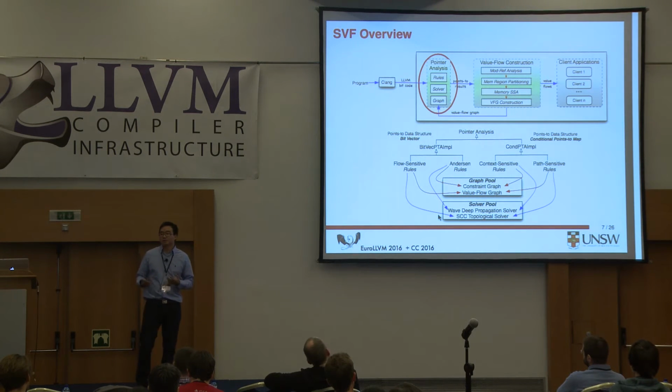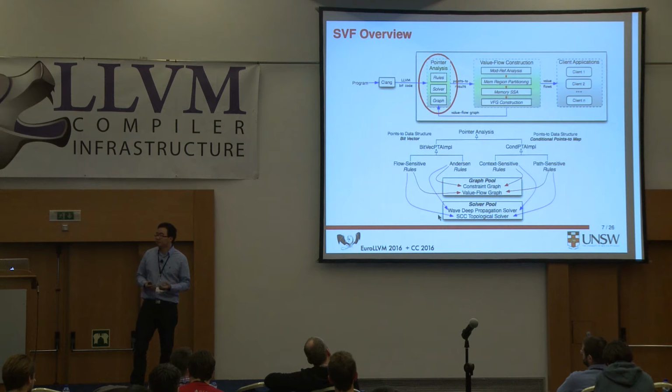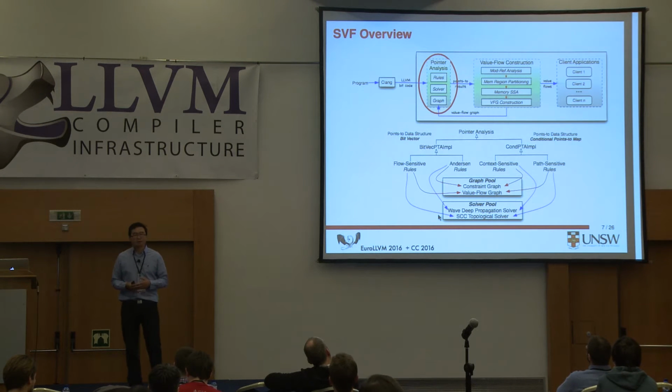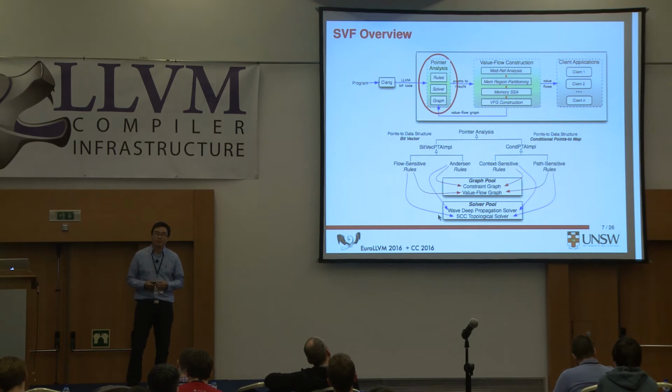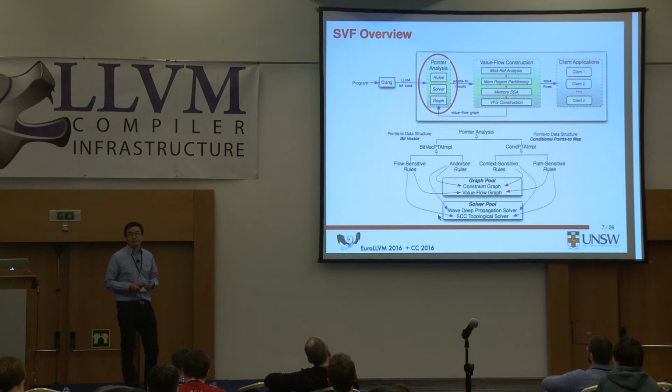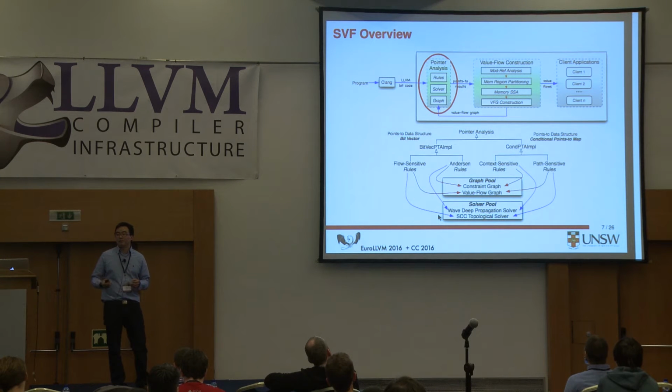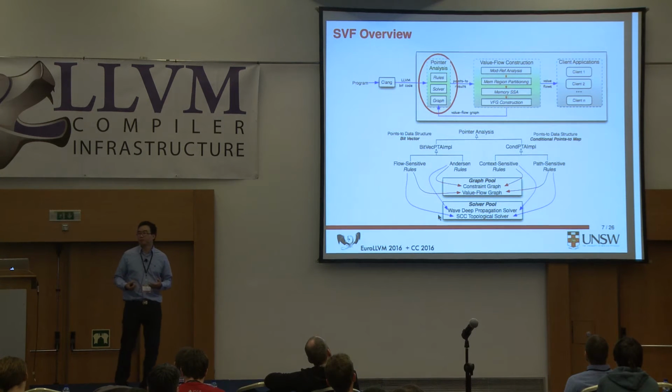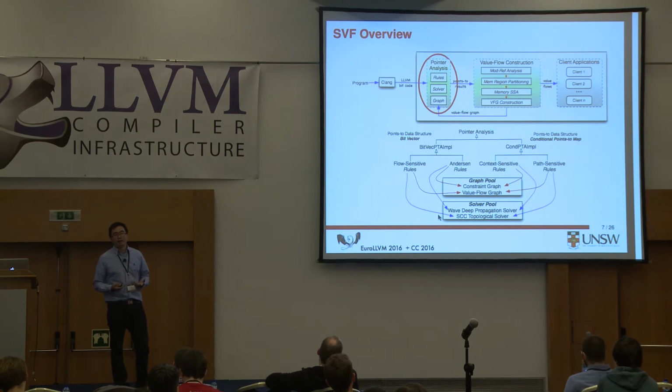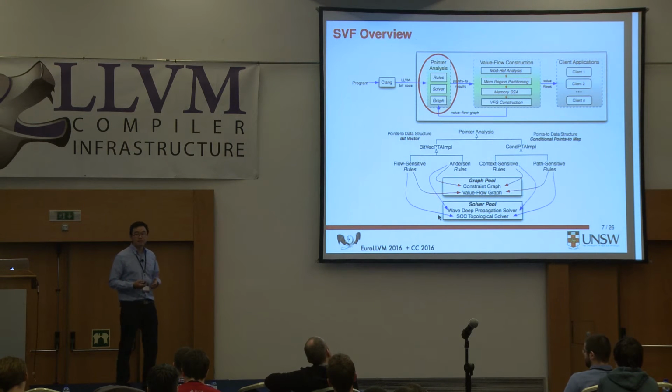For example, for context-insensitive analysis, we can use the plain bit vector data structure to represent pointers and memory objects. And for context-sensitive analysis, we can use the conditional map to instantiate different qualifiers for the pointer and the memory object, like program calling context and program path information, to eventually implement context-sensitive or path-sensitive pointer analysis.